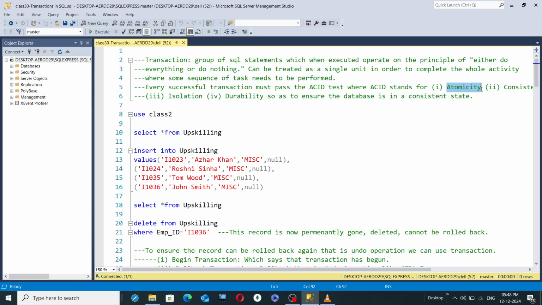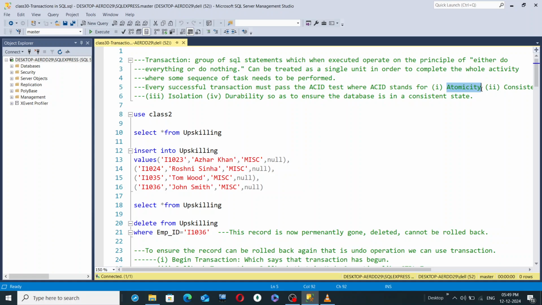For example, you have two persons, person X and person Y. Suppose person X has $2,000 and person Y has $200, and it is expected that $200 will be debited from person X to person Y. This will be a transaction where there are three steps, and all three steps must be followed; only then will the entire transaction be completed.